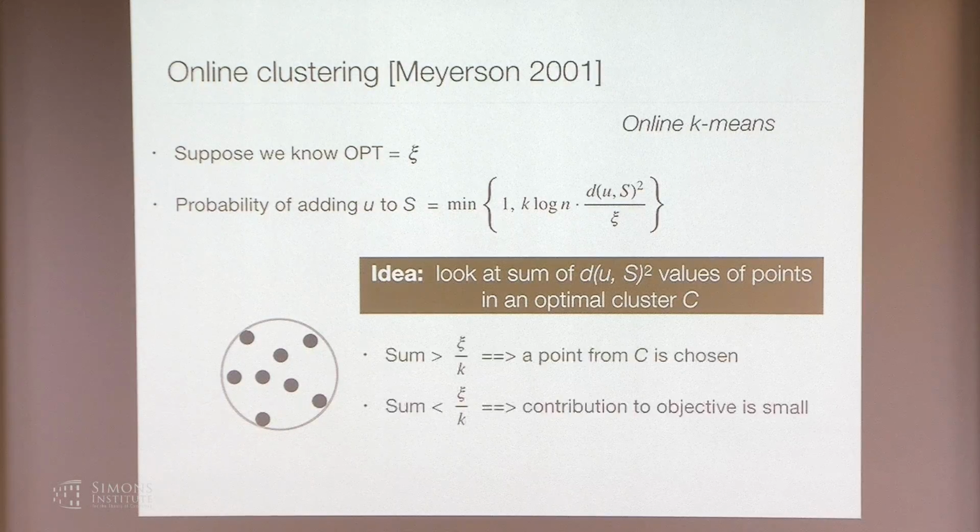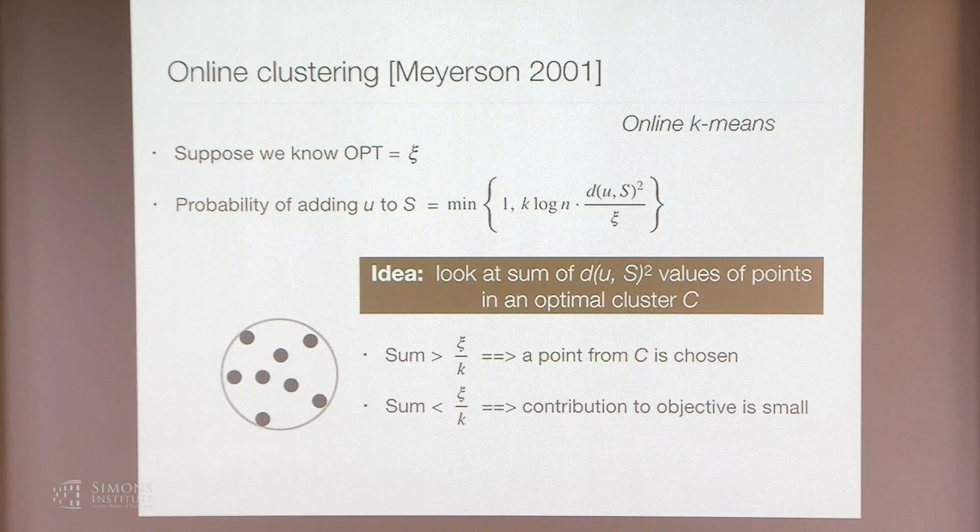And if the sum was more than this c over k, then you can see that these probabilities add up to something more than log n. And so this means that one of the points from this cluster has to be chosen. Okay. So this is a slightly hand-wavy proof, but this can be made formal. So one of these points needs to be chosen, and from that point on, you can argue that the error will be small. So that's the idea behind this analysis.